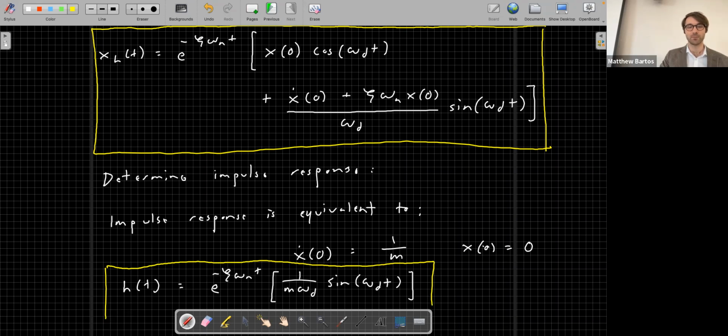So how do we compute the particular solution to this structural system? Let's say we have some arbitrary input u(t).